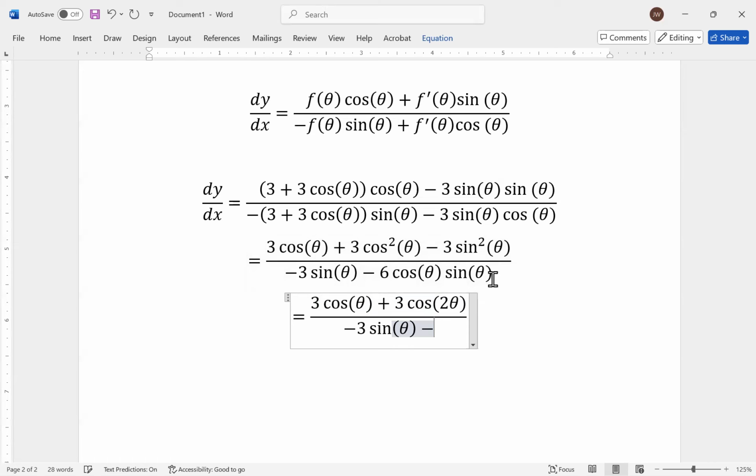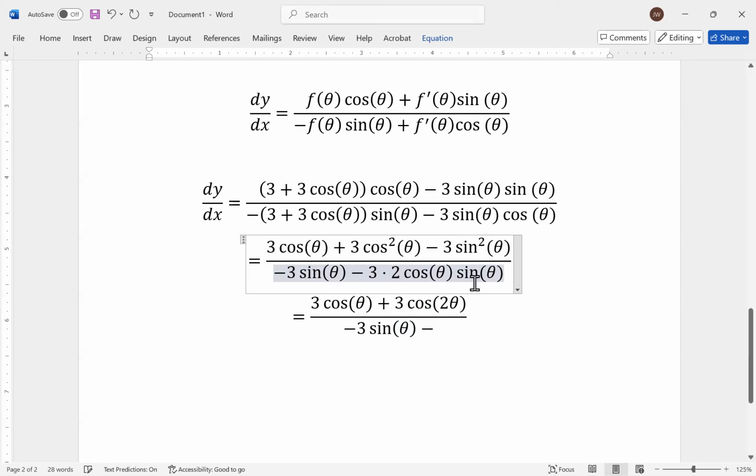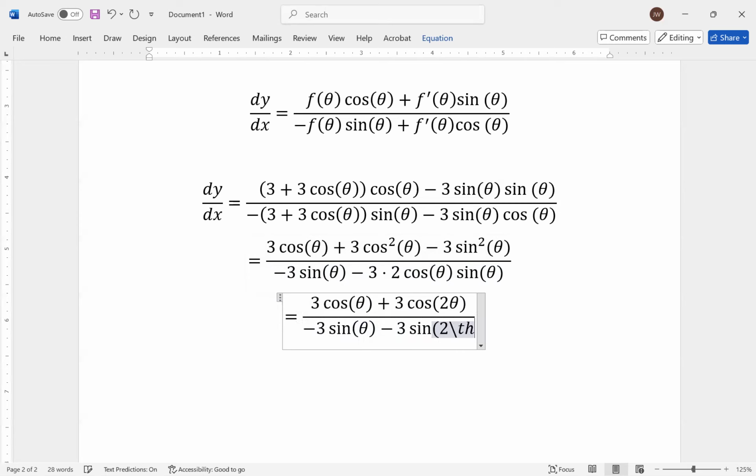So if I factor the 6 into a 2 times 3, or a 3 times 2, that'd be better to write. 2 cosine theta sine theta becomes sine of 2 theta. So we get minus 3 multiplied times sine of 2 theta. Just using the trig identities.